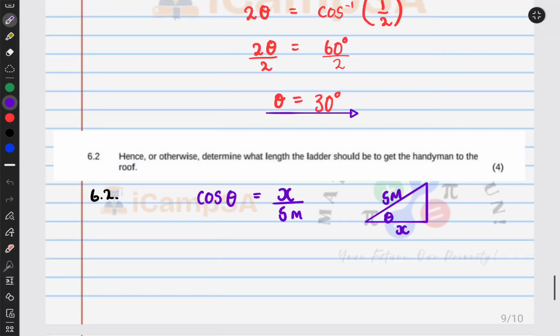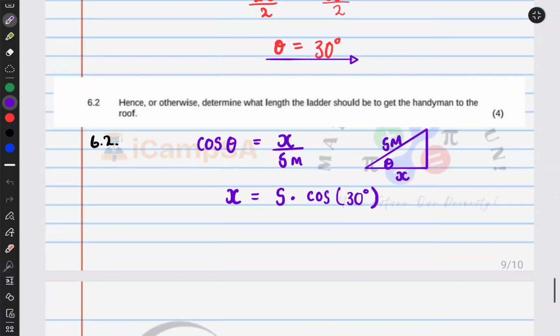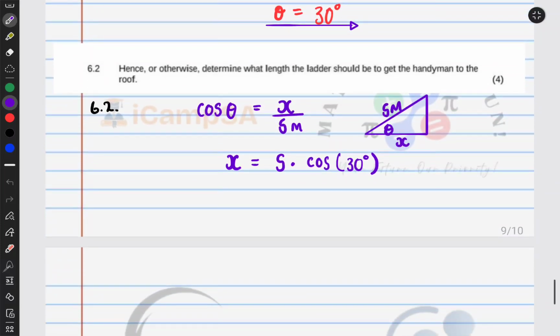So we're looking to calculate x. Theta we already know is 30 degrees. So, making x the subject, we're going to have 5 multiplied by cos of 30 degrees, because theta is 30 degrees. Therefore x is equal to 5 multiplied by cos 30.